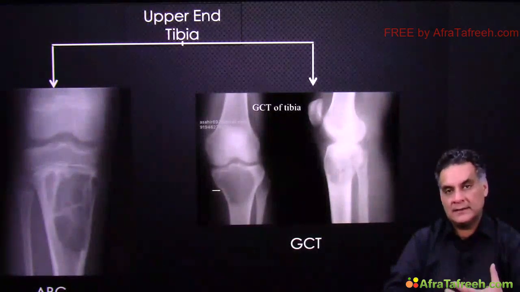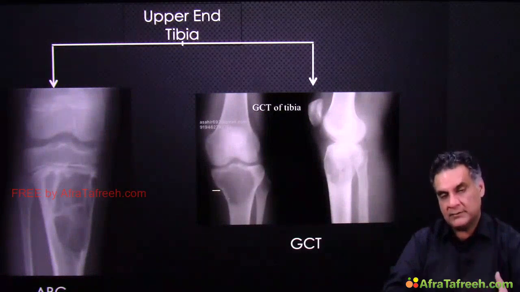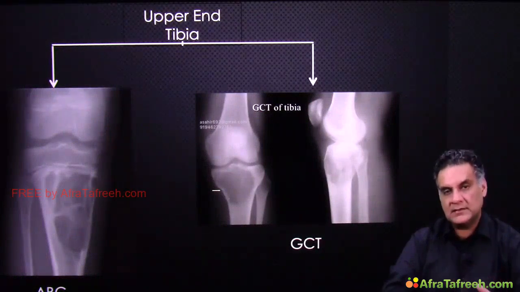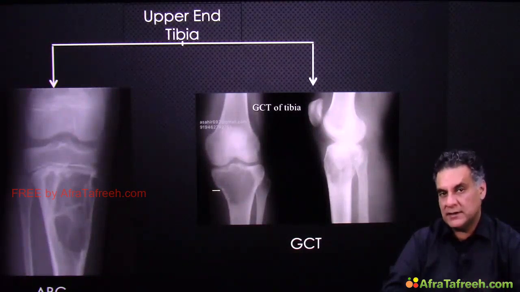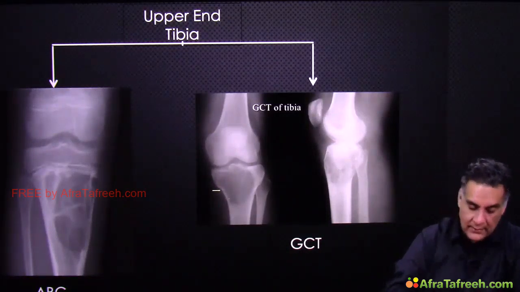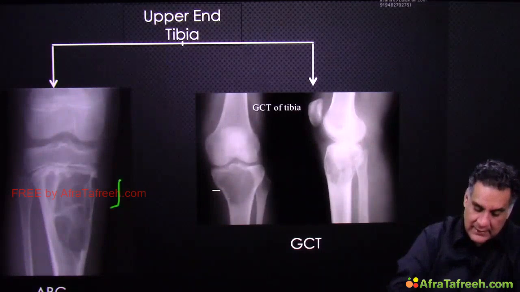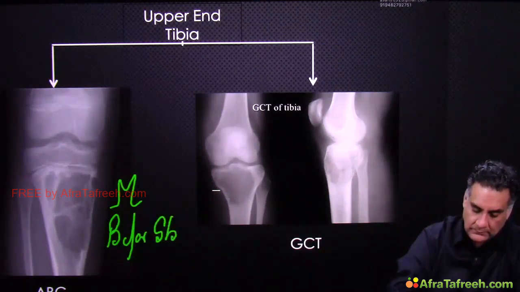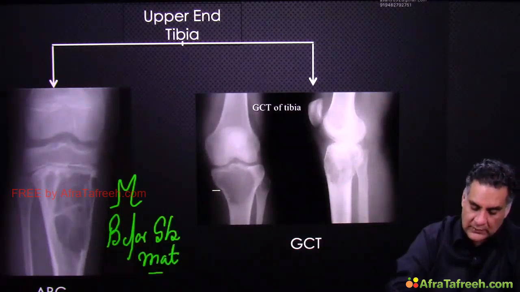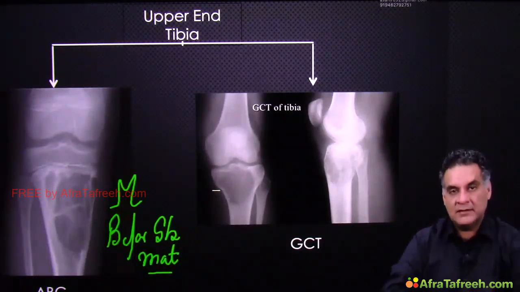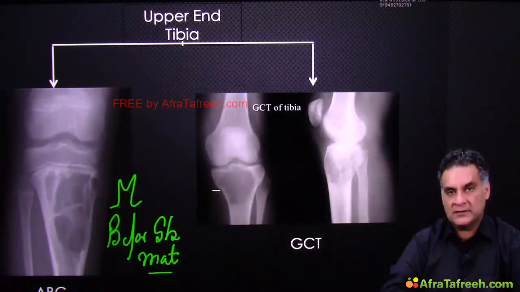When we look at the upper end of the tibia, this is an enigma to many medical students. Sir, how do you differentiate between aneurysmal bone cyst and giant cell tumor? ABC is metaphyseal, before skeletal maturity. Skeletal maturity means the epiphysis fuses with the metaphysis, the physis disappears.